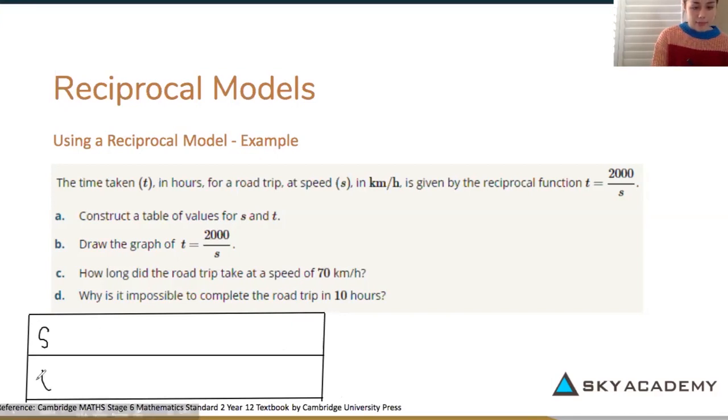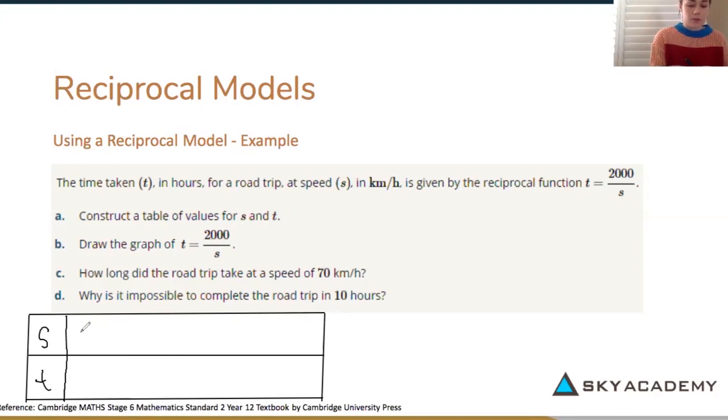For our s values, our speed, I'm just going to give it practical speeds. So for example, I probably wouldn't want to go over 100 kilometers per hour because that's probably like the speed limit. So I'm going to go from 10 to 100.